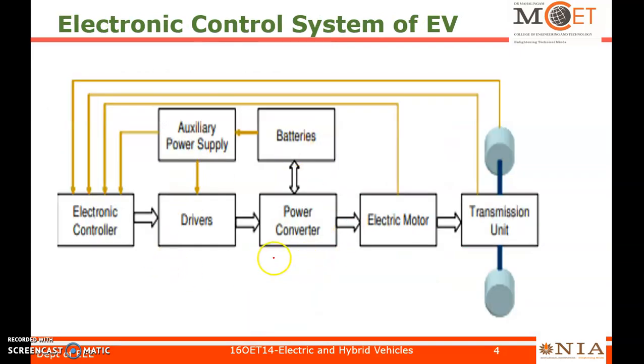The same diagram has been given like this. Here the electronic controller senses the brake and the speed of the electric vehicle. The speed of the electric vehicle is applied to the electronic controller, and the torque of the electric vehicle is also applied to the electronic controller, and it gives the controlled signal to the driver circuit.